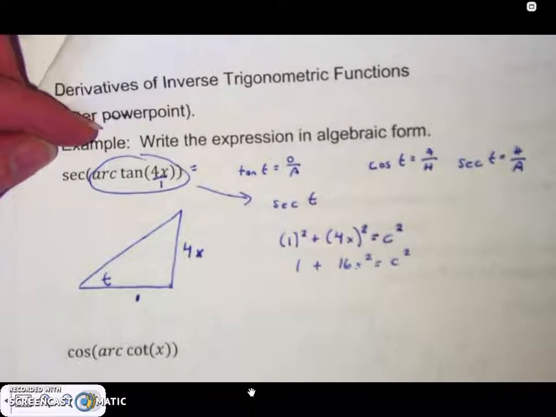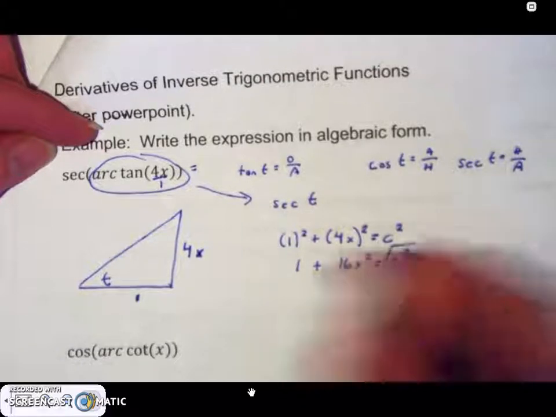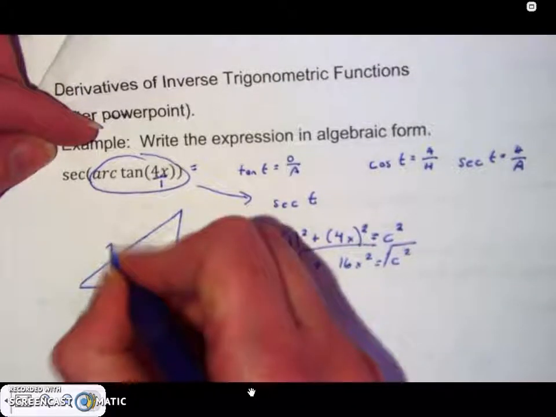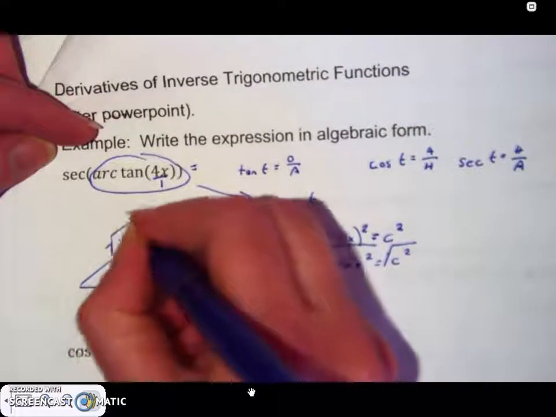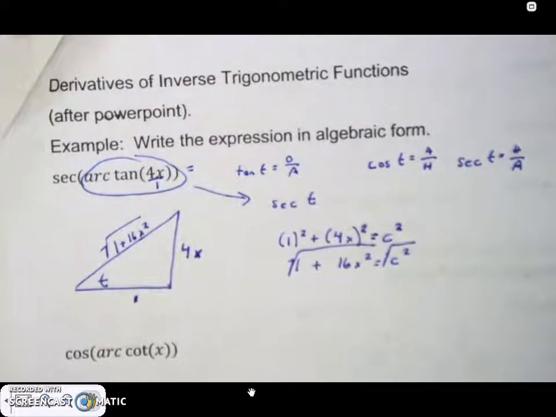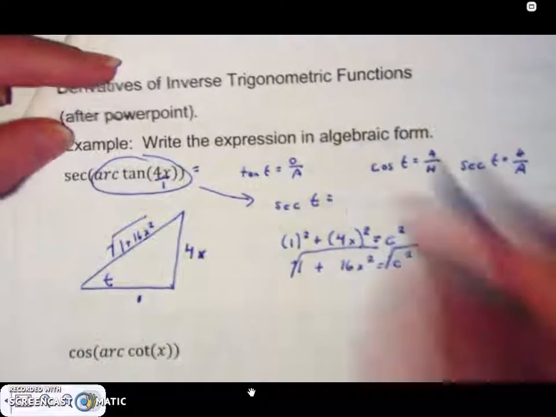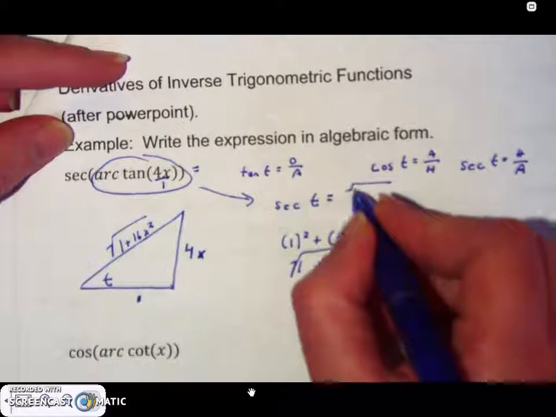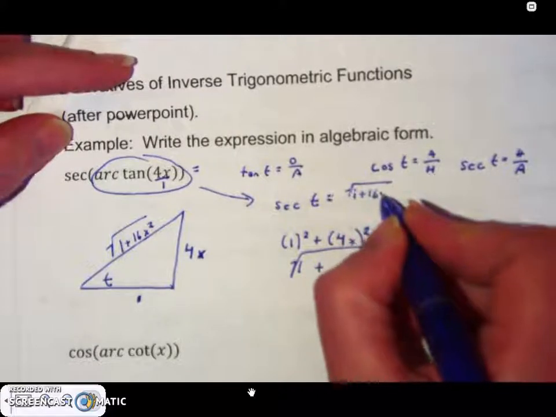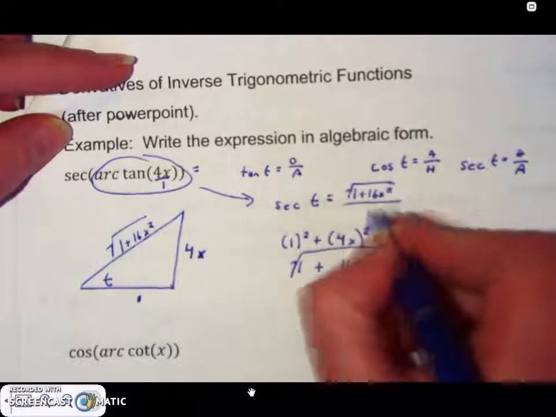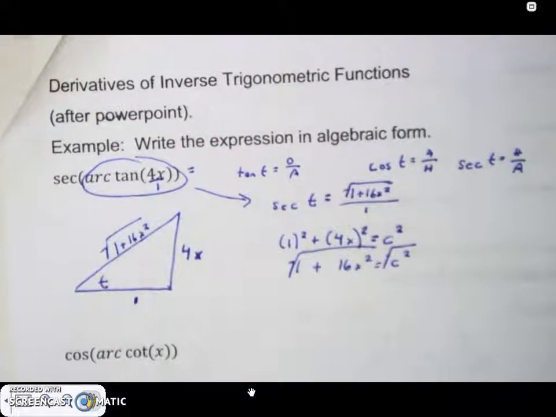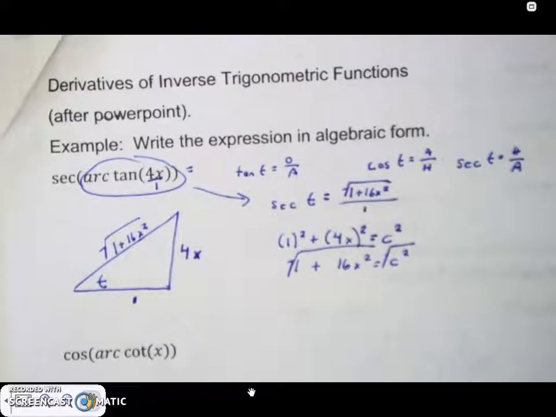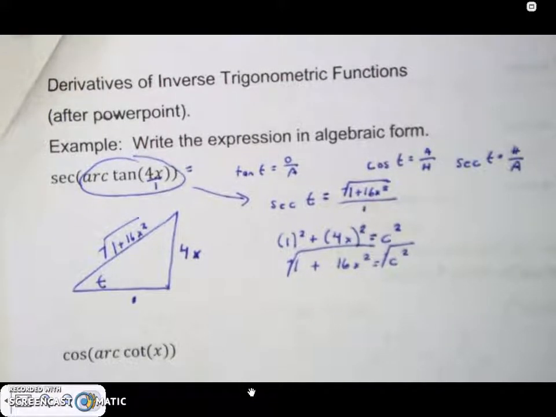Equals c squared, and then what? Okay, so c is just going to be the square root of 1 plus 16x squared. So what would the secant then be? Yes, if you put a square root on that. And since it's over 1, I can just leave it as the square root of 1 plus 16x squared. So the secant of the arctangent of 4x is the square root of 1 plus 16x squared.